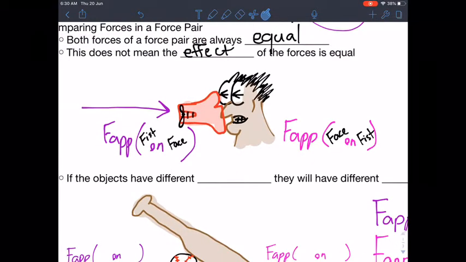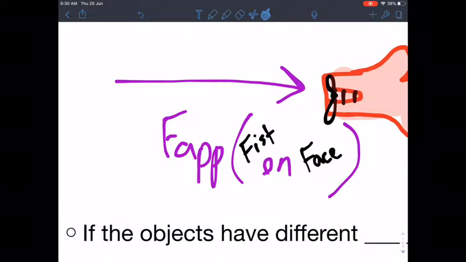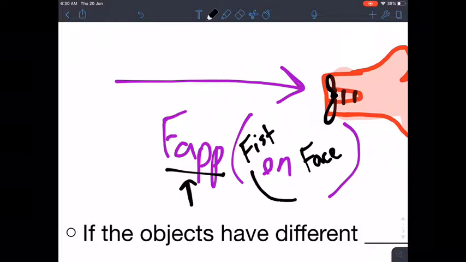I just want to show you a quick trick for how to identify force pairs. If I ever ask you, what is the other force in this force pair? And you can think, well, the force we're talking about is an applied force from a fist on a face. To find the other force, all you do is take the same kind of force, so it's still applied, but you swap the objects.